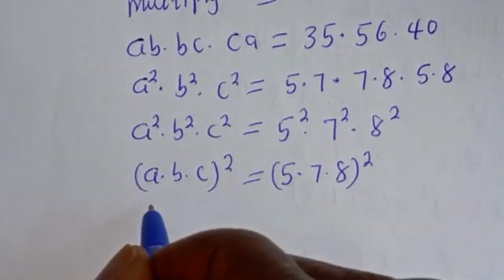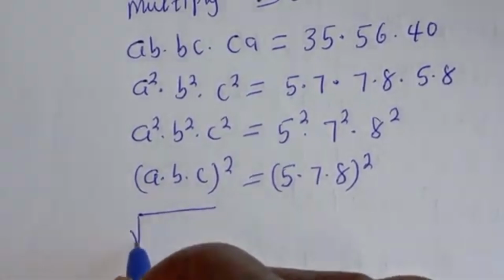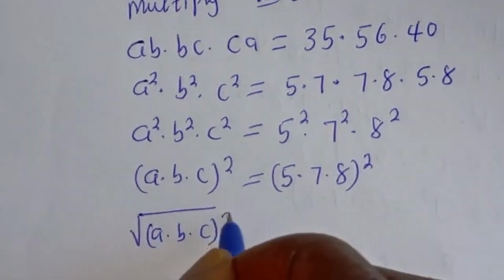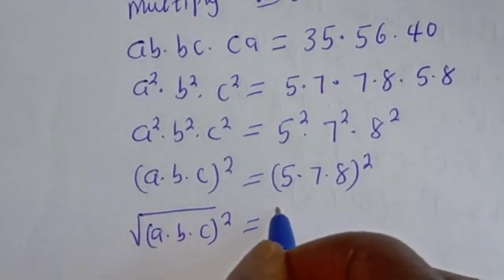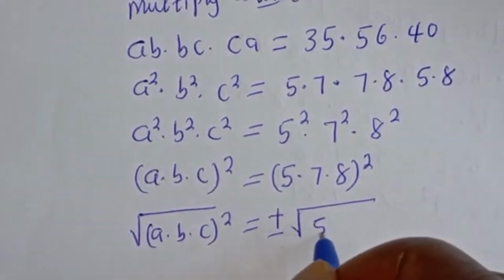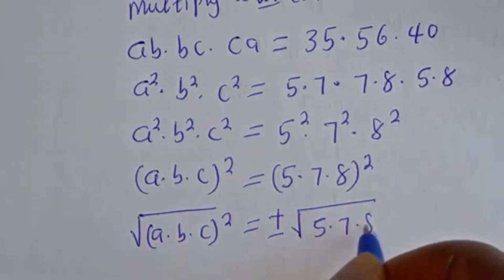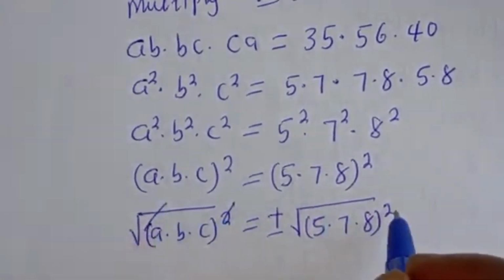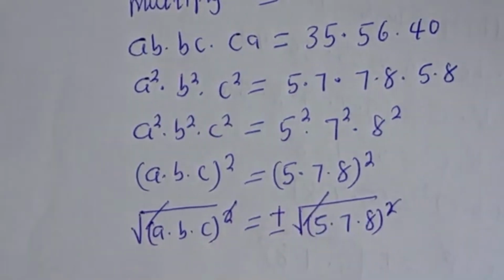Let's take the square root of both sides. Square root of A multiplied by B multiplied by C all square is equal to plus or minus square root of 5 multiplied by 7 multiplied by 8 all square. This will cancel this, and this will cancel this.